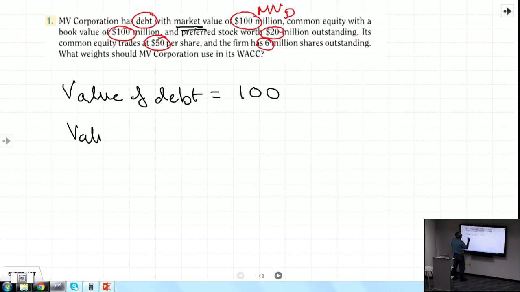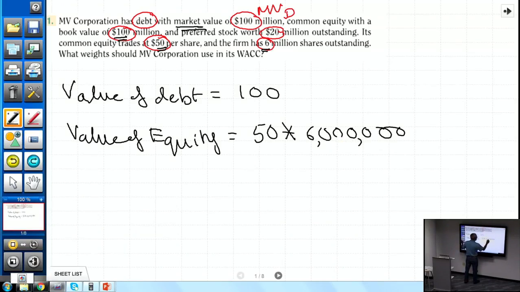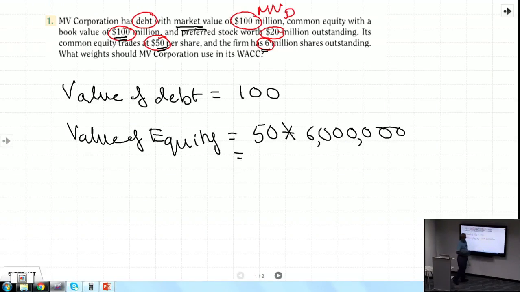Then the value of equity, common equity, the market value, book value is given, but we have to calculate market value. Market value would be the stock price times the number of shares outstanding. So it's 50 times 6 million. So that gives us 300 million.